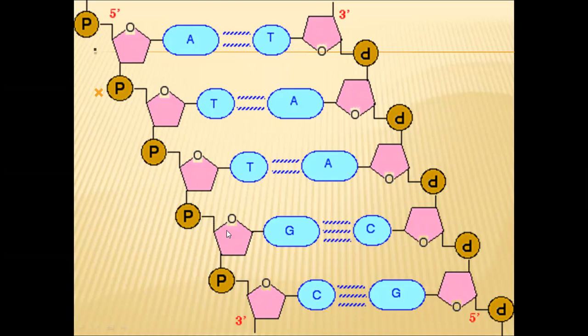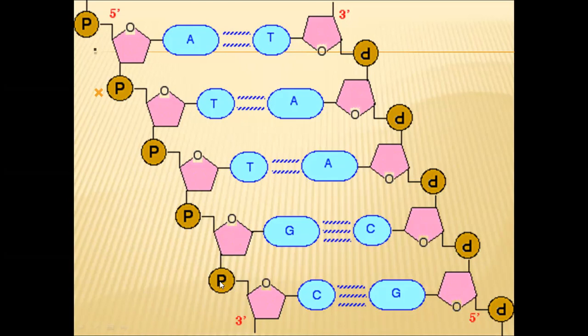So here, what is happening between the first nucleotide and the second nucleotide is that the phosphate group of the first nucleotide is forming a phosphodiester bond with the third carbon of the second nucleotide. So this is the first carbon, second carbon, and third carbon.